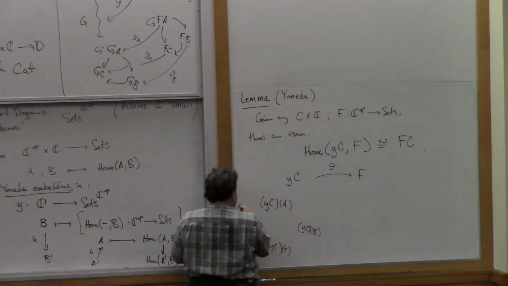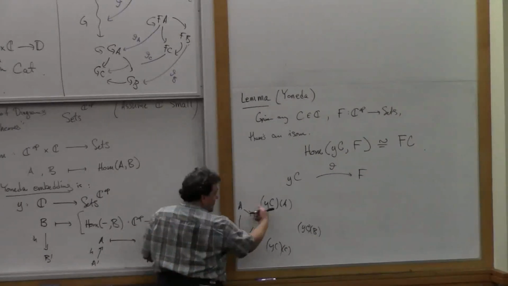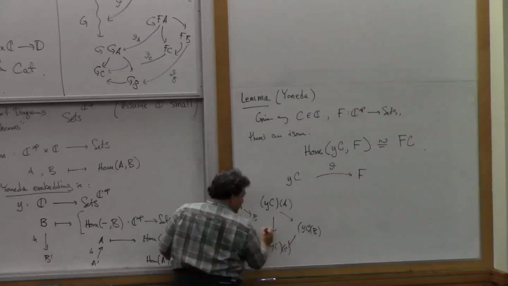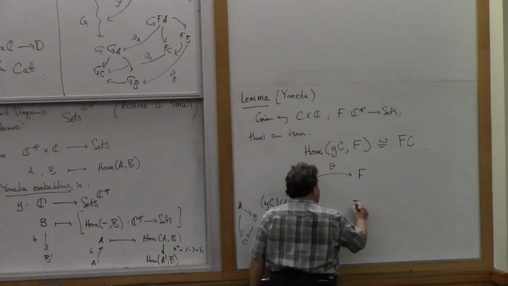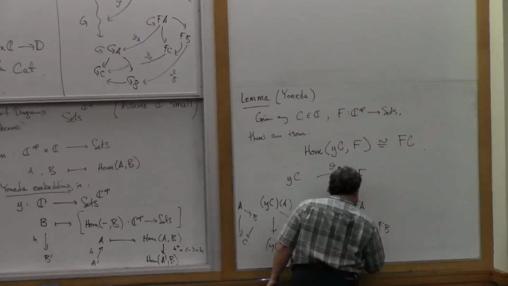And for every arrow A, B, C down in C, YC gives me arrows like this. And then F has FA, FB, FC.